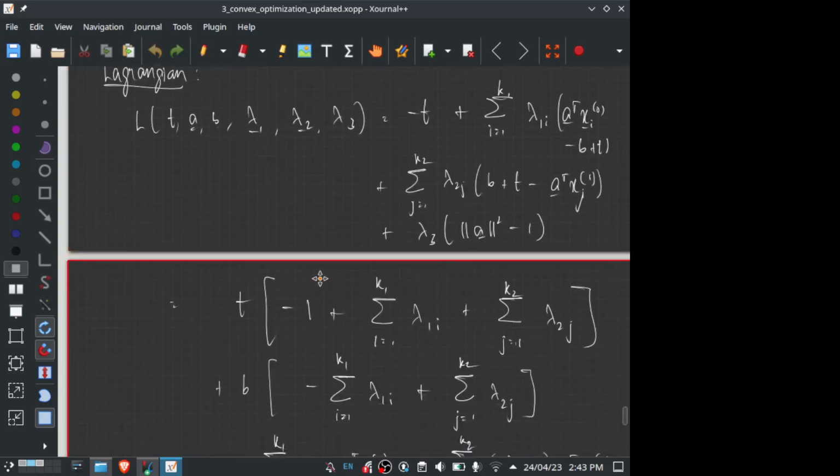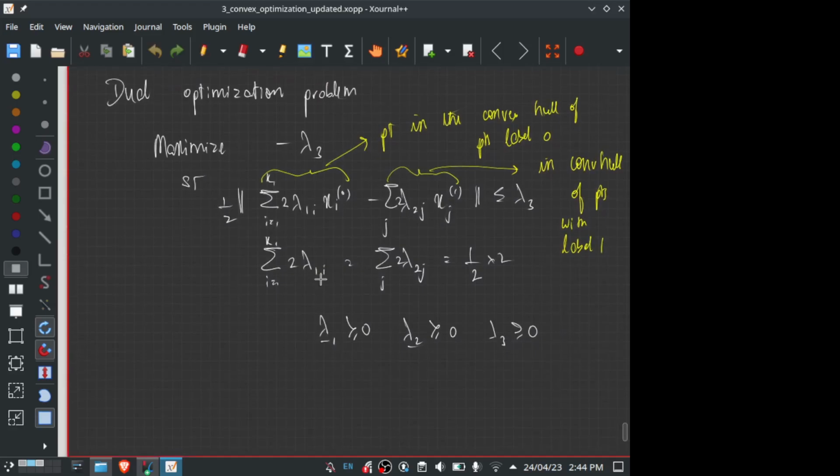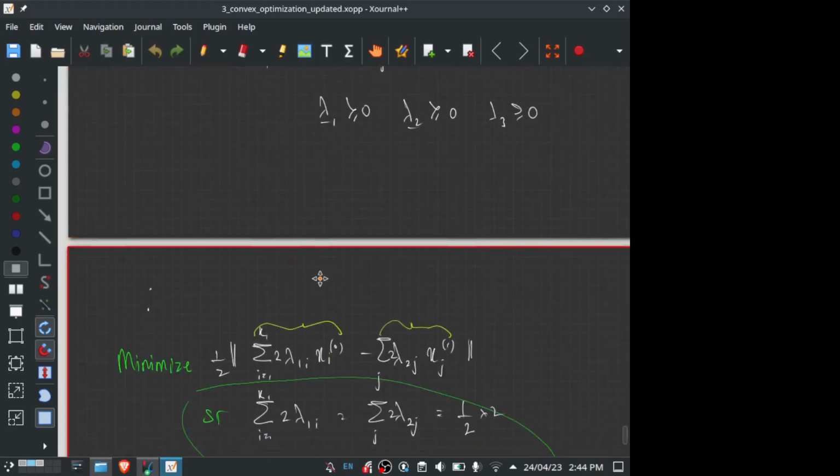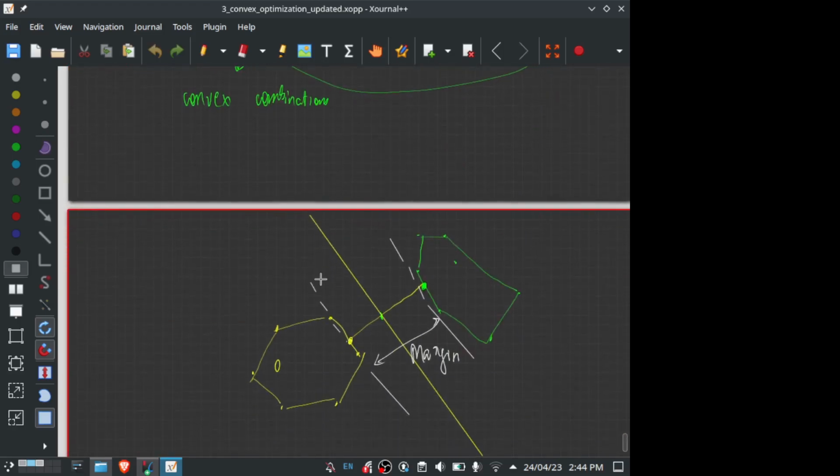We also looked at the dual problem, and the dual problem, as we saw, had a nice interpretation. It gives you the midpoint or the distance between the convex hulls of the observed points. So you look at the convex hull of all points labeled 0, the convex hull of all points labeled 1.